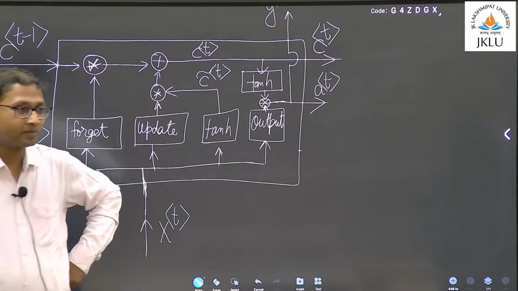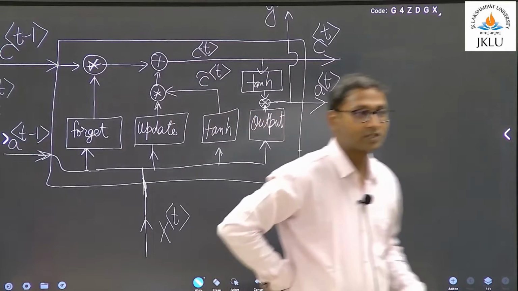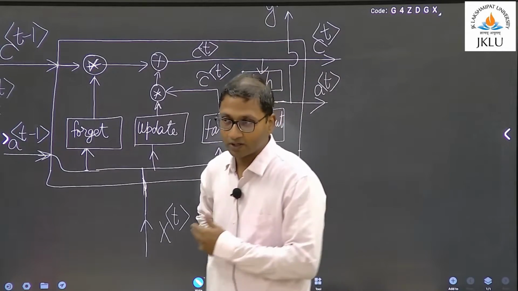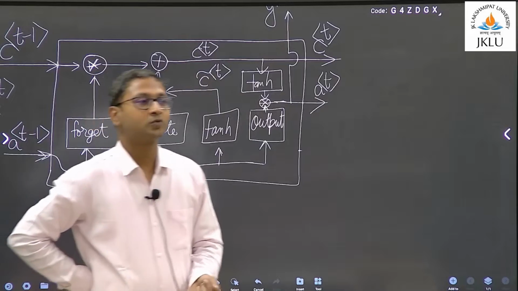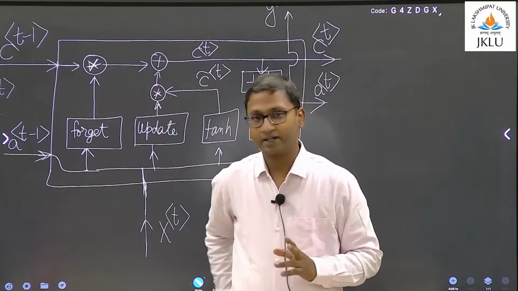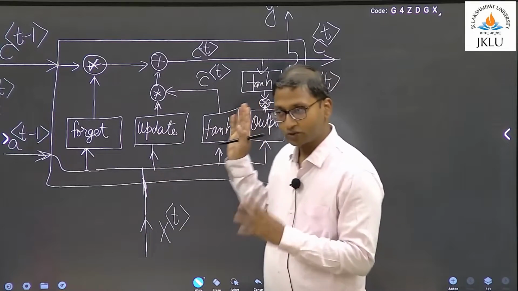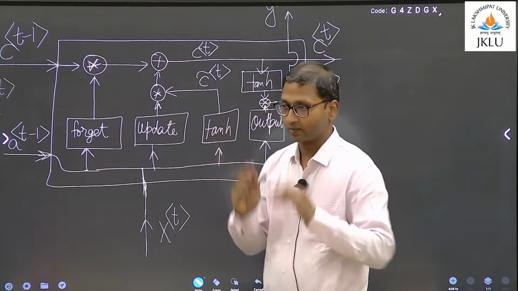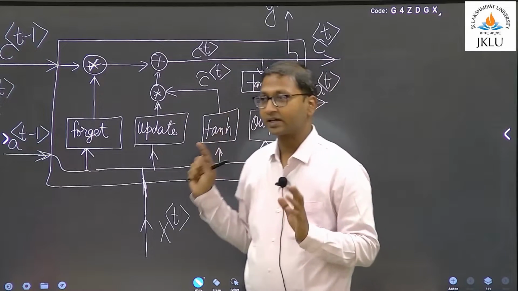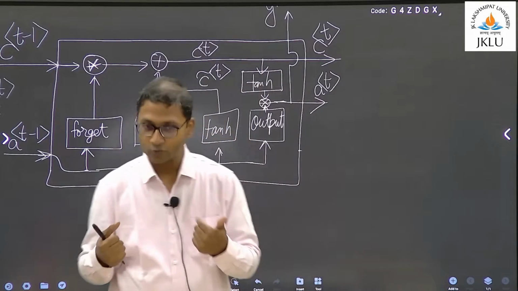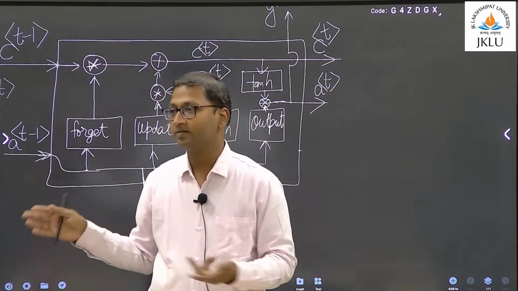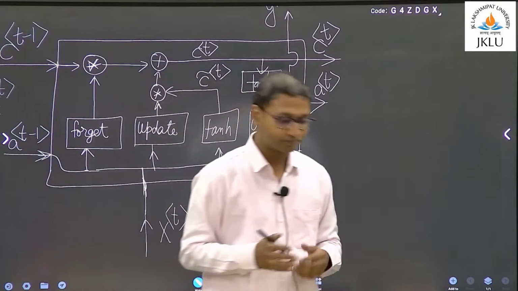So LSTMs, this architecture was proposed in 1997. Back then deep learning was not at all a hot topic to work on. Those people who were working, they were working purely because of their interest, right? The two authors, I think German or Austrian, one was the master's student, another was the professor. They moved on to other fields because the master thesis was done and everything was over.